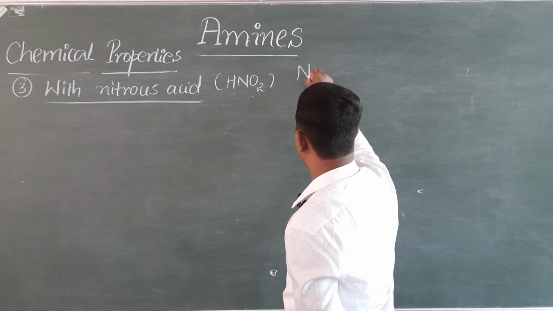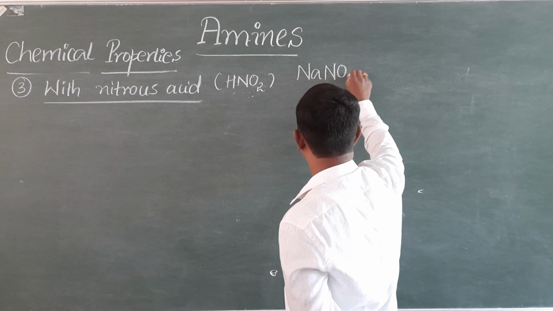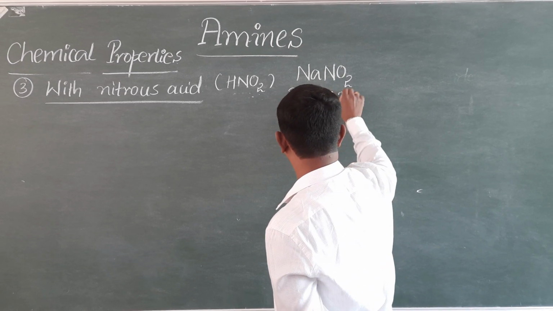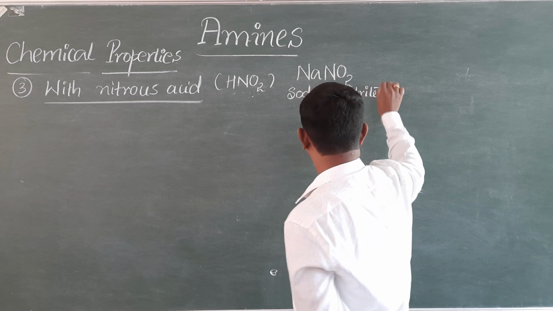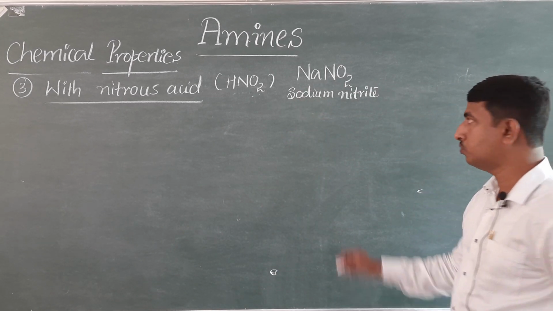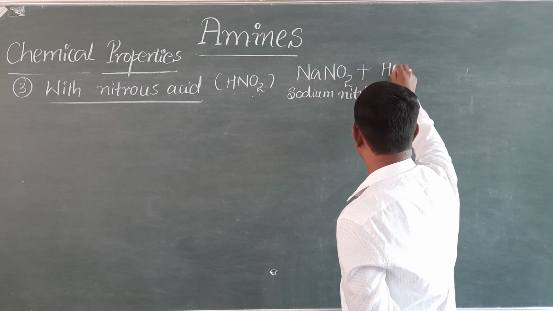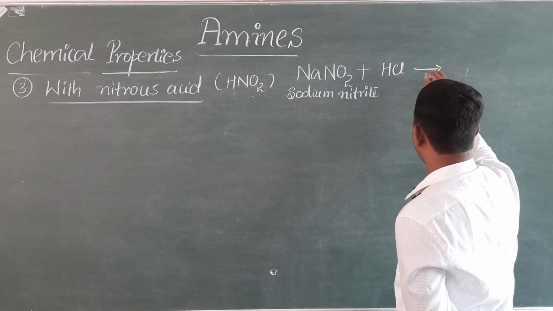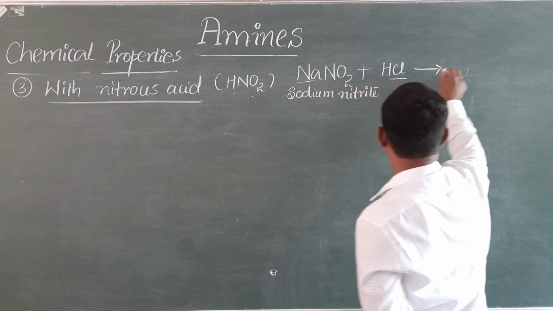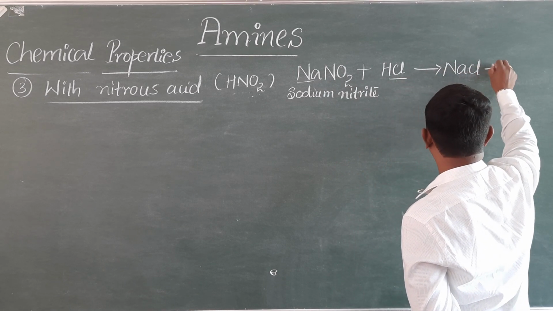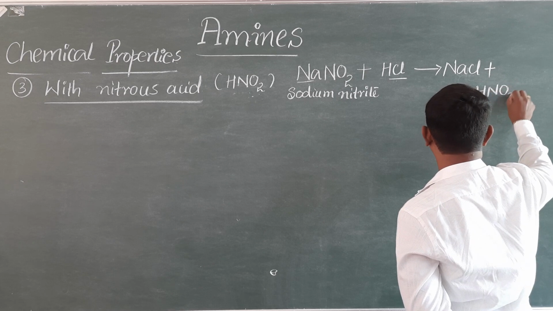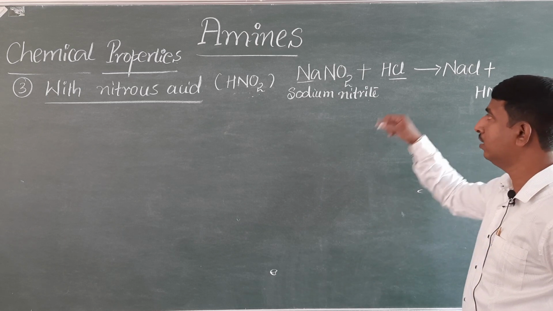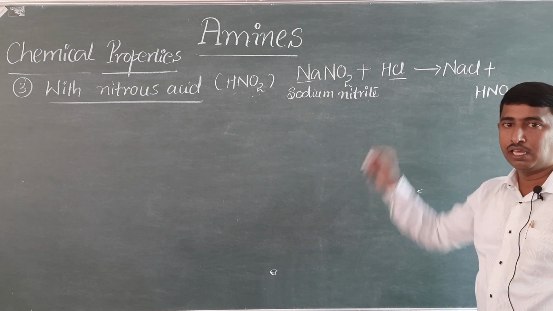Nitrous acid is obtained by treating sodium nitrite with HCl. When sodium nitrite reacts with HCl, I will get NaCl, sodium chloride, along with HNO2, nitrous acid.